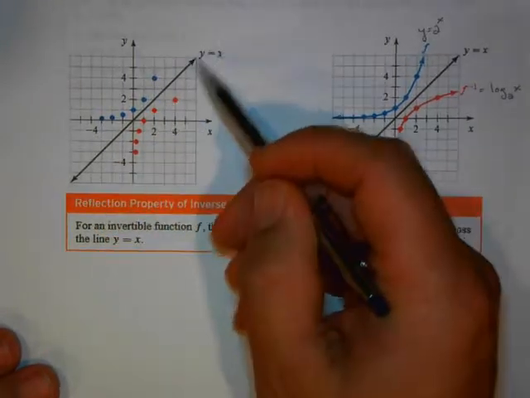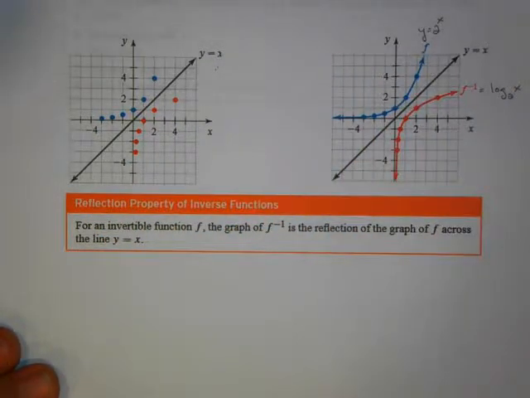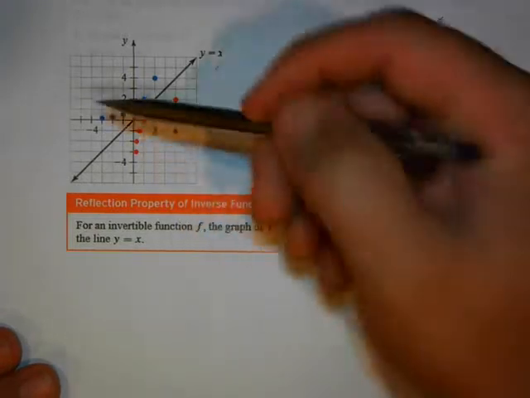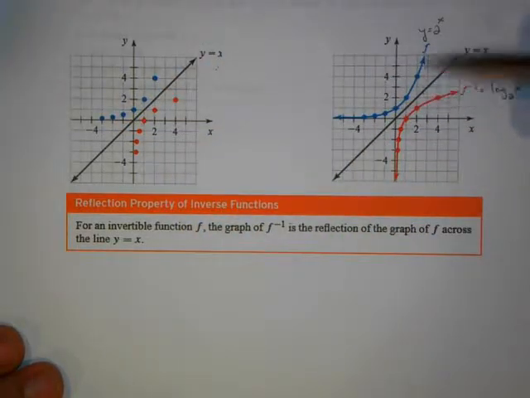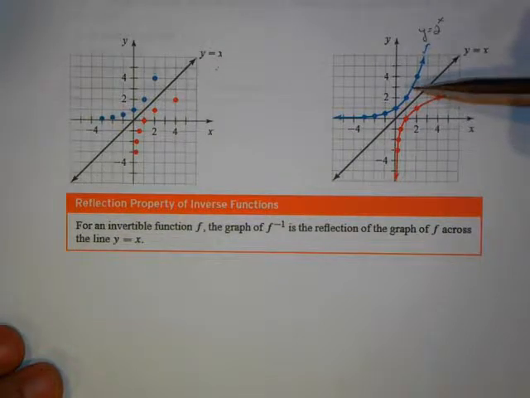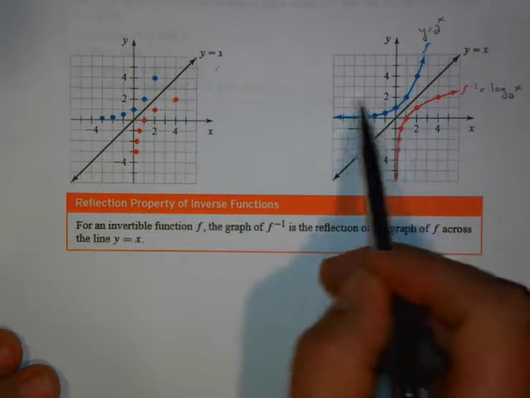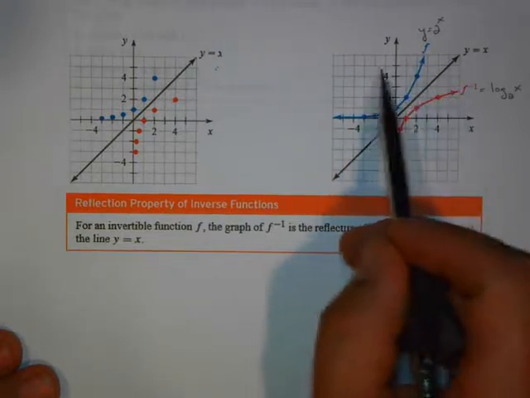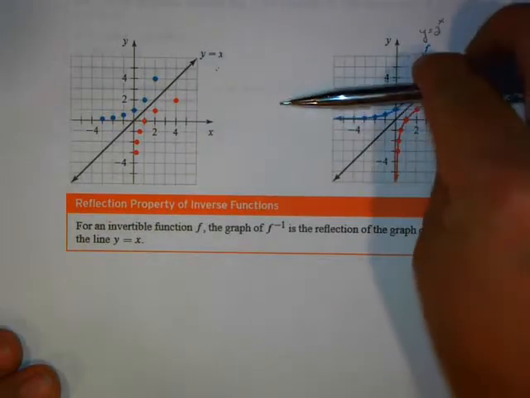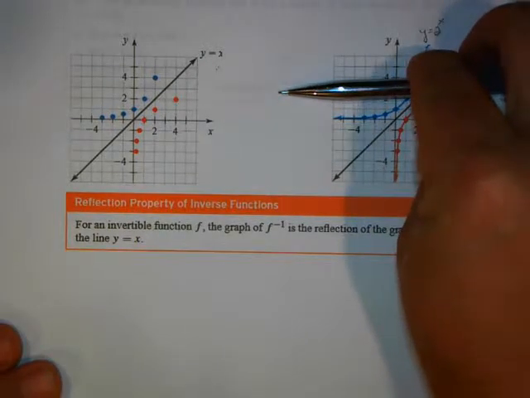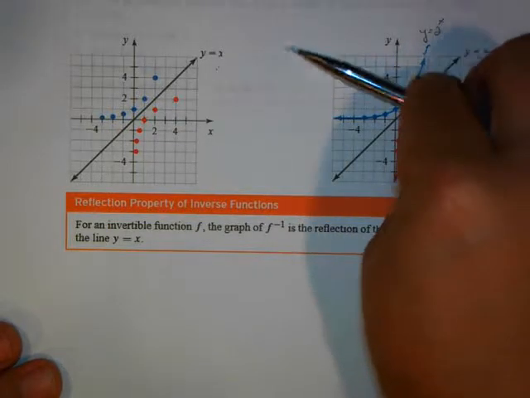Now, something else that you've had previously is if a graph passes the vertical line test, then it's a function. Well, now if a graph passes the horizontal line test, what that's saying is the inverse is a function. So if you can imagine a horizontal line, when we switch roles, that horizontal line, y equals 2 in this case, would become x equals 2.